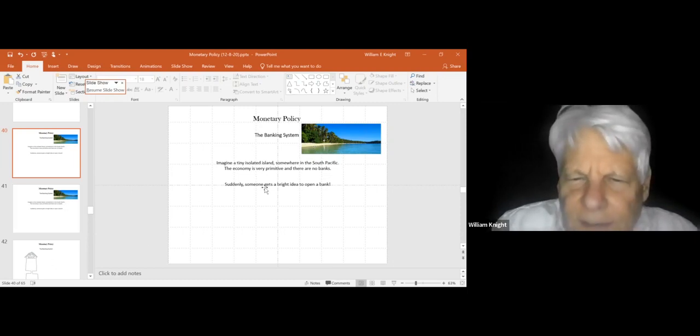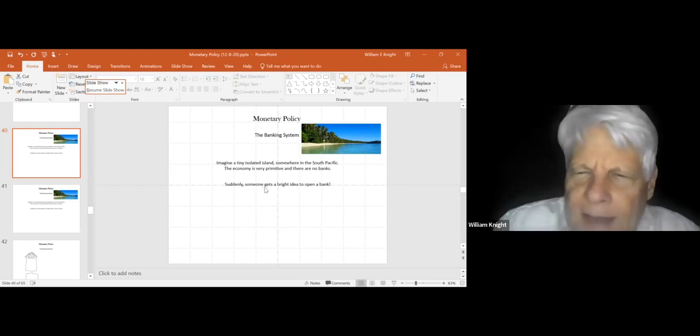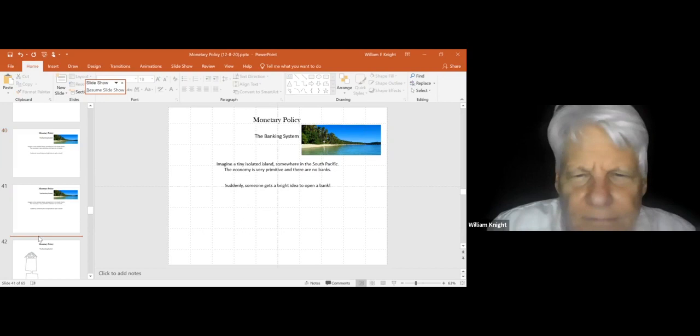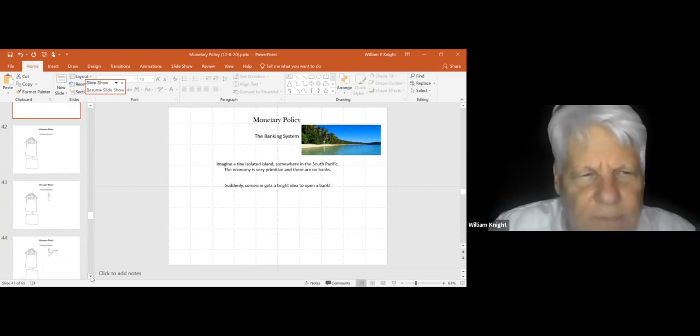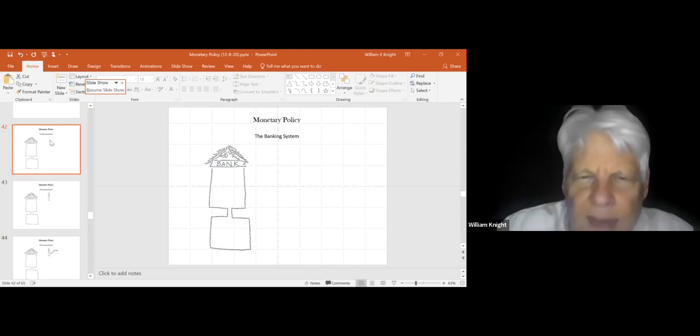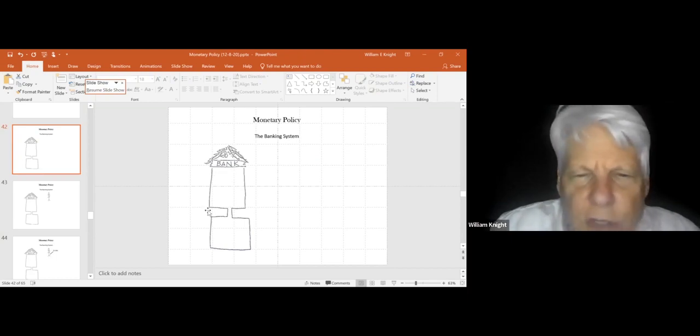And then suddenly, someone gets a bright idea to open up a bank on this island. This island has never seen a bank. Nobody on the island knows what a bank is, except for the guy that opened it. So here's what he does. He constructs this little thatched house right here. These are coconut leaves that form the roof.